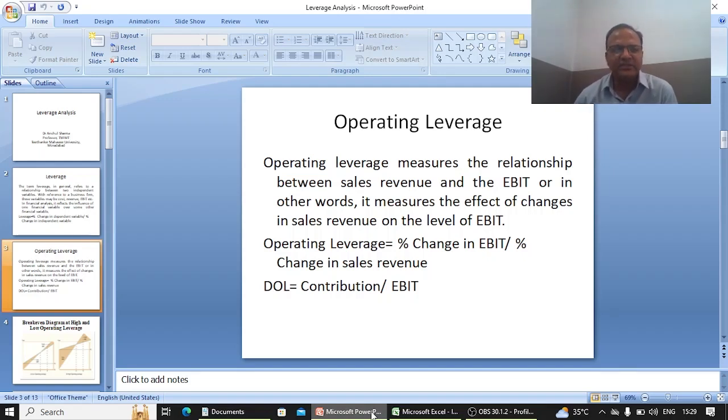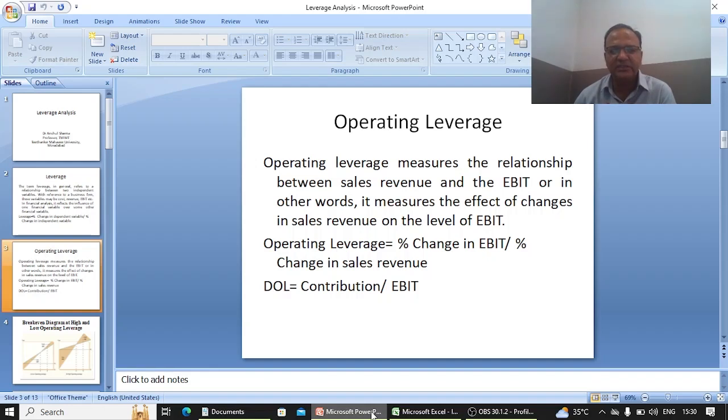In another sense, if we want to understand the leverage, then you can say leverage is the amount of debt.